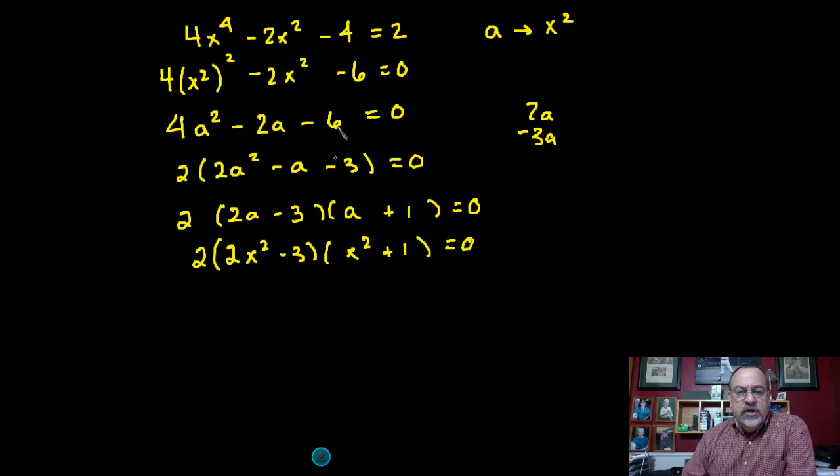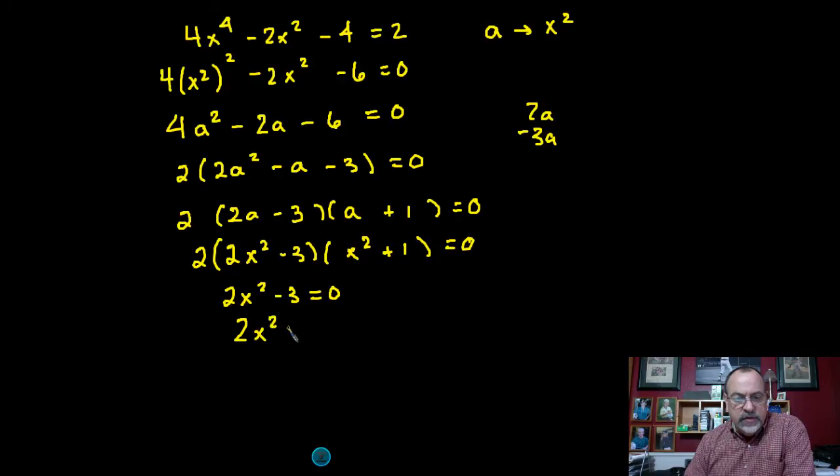Now that I have factored form, I can use the zero product property to determine what makes each one of these factors 0 to solve the expression. This factor 2 can never be 0, so there's nothing I can do there. So I need 2x squared minus 3 to be equal to 0. What would that be?